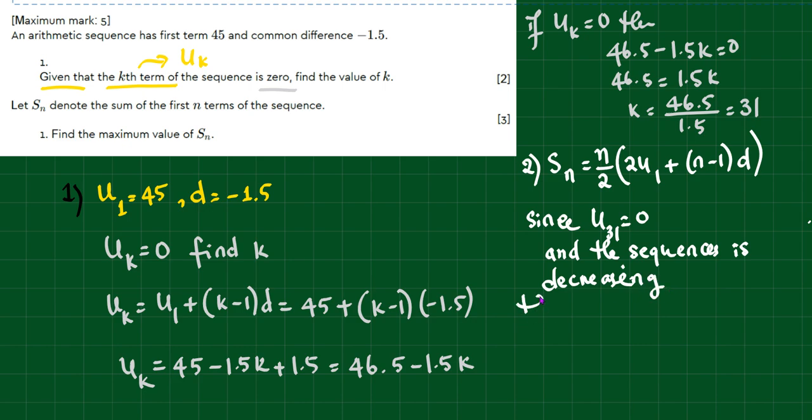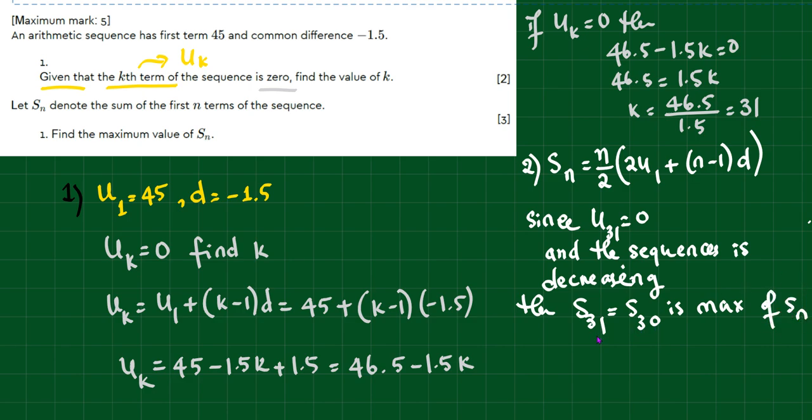Then we can say S31 equal to S30, because the 31st term is 0. You understand what I'm saying? That is the max of Sn.